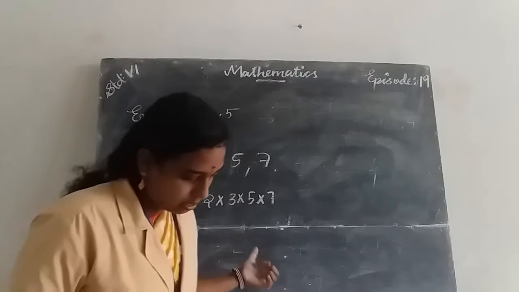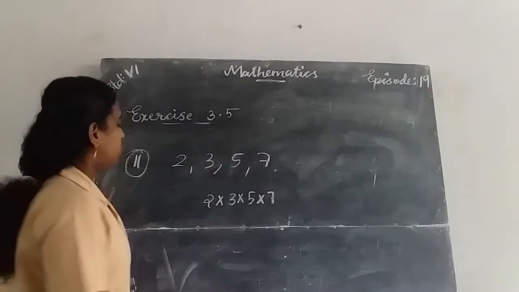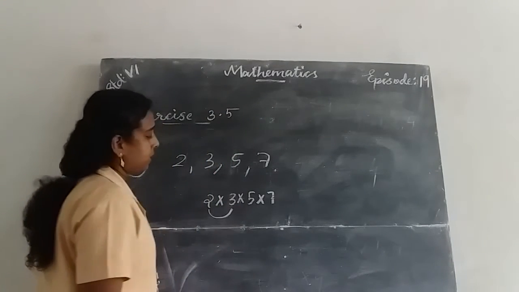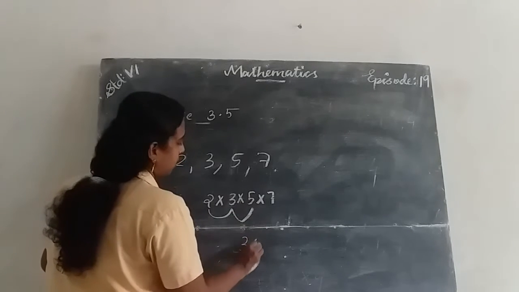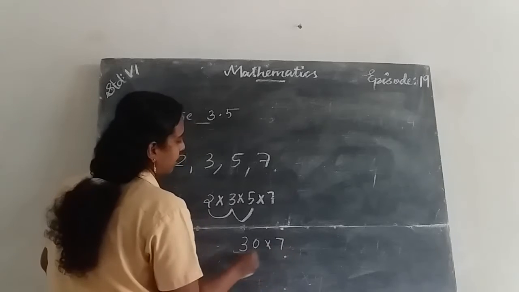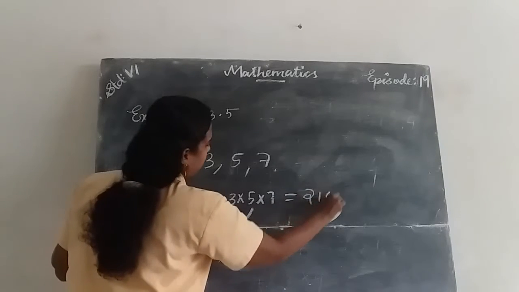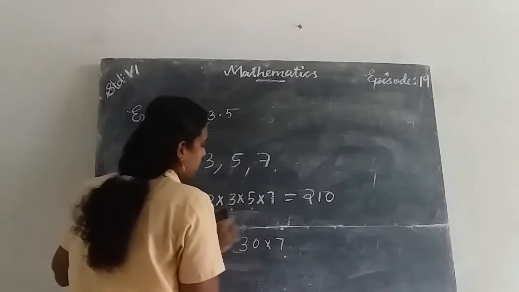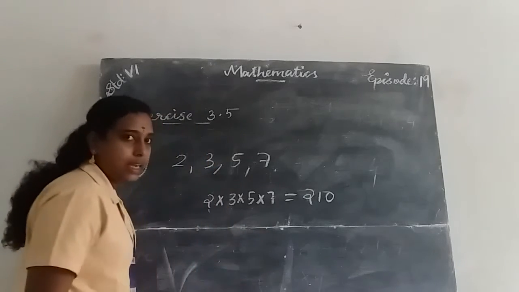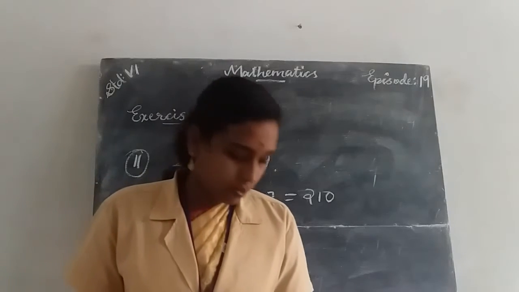So the answer: 2 into 3, 3 2s are 6. Then 6 5s are 30. 30 into 7, 7 3s are 210. So 210 is the smallest number having 4 different prime factors, okay?